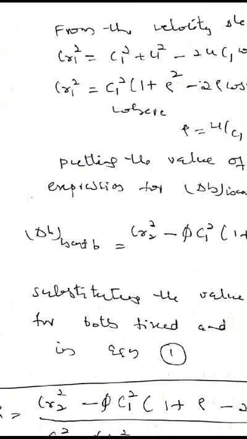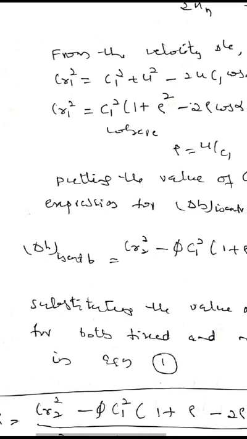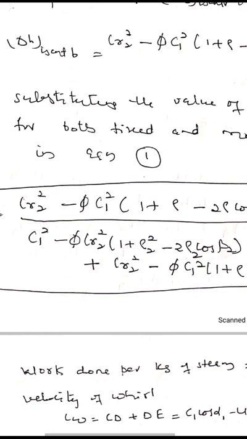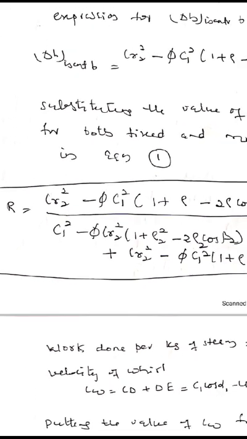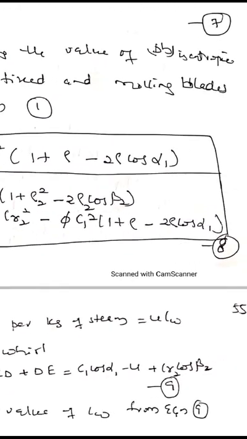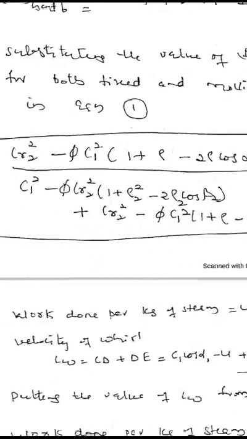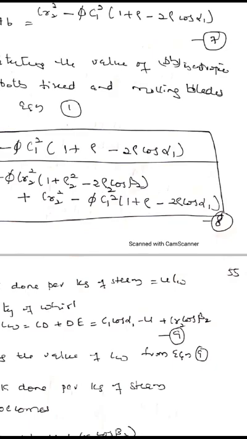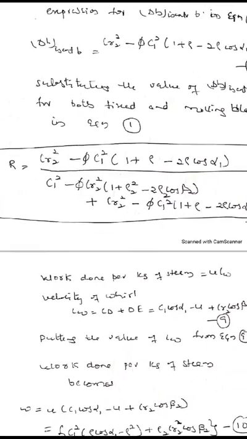So in this way you got delta H isentropic B and the result for the nozzle. Then, putting the values of delta H isentropic nozzle and delta H isentropic blades in equation 1, you will get the degree of reaction as this, equation number 8. Equation 8 gives the degree of reaction for an impulse reaction turbine.